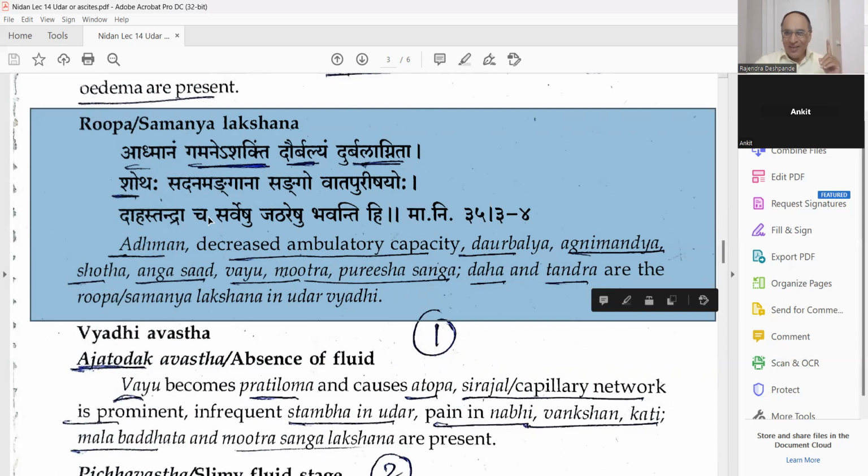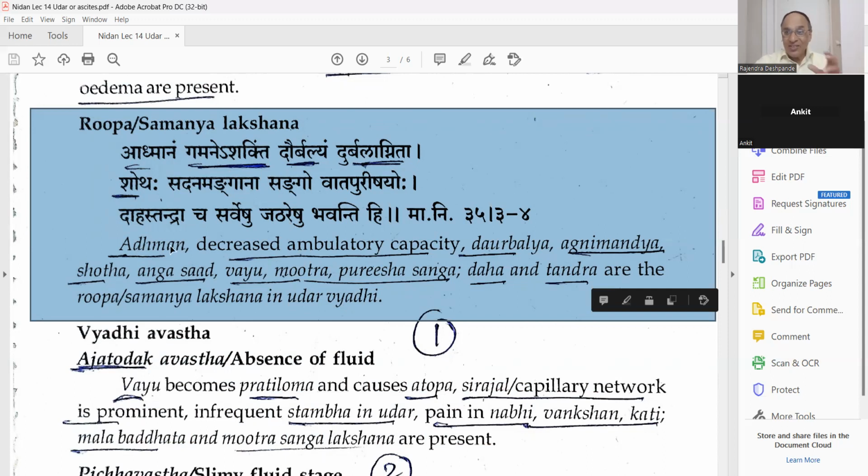Repeat once more, Madhava Nidana, diagnosis. Nidane Madhava Shreshtha. Adhmanam gamane ashaktim, daurbalyam durbala agnita, shotha sadanam anganam, sango vata purishayo, daha tandra cha sarveshu jatareshu bhavanti.